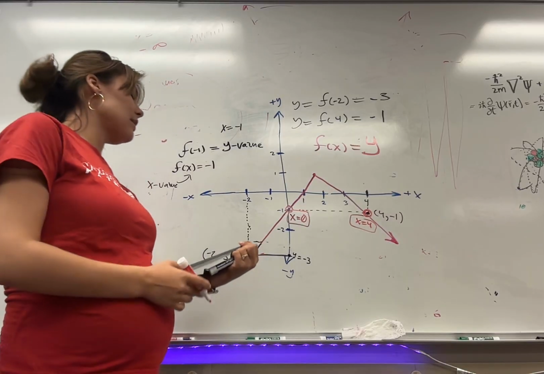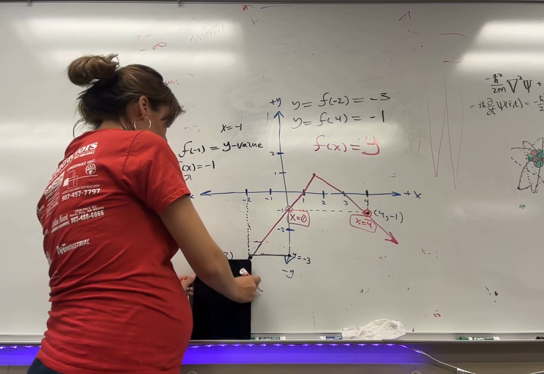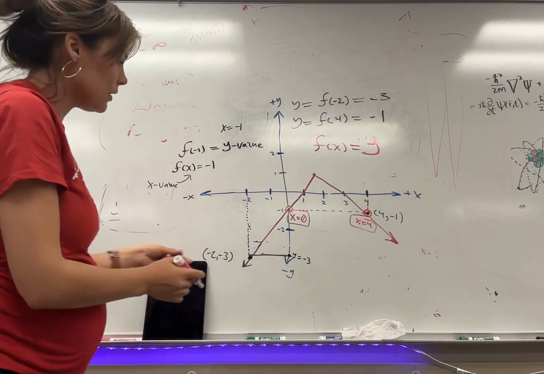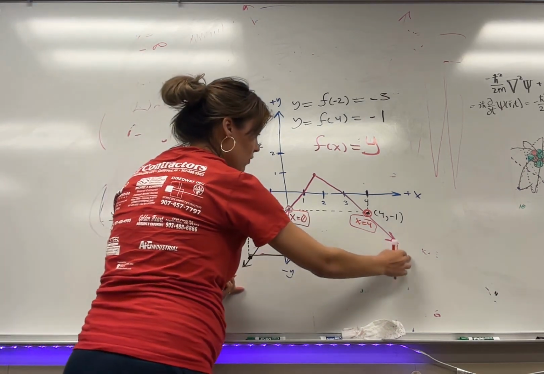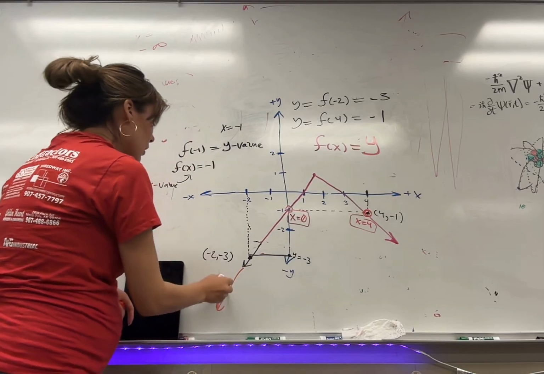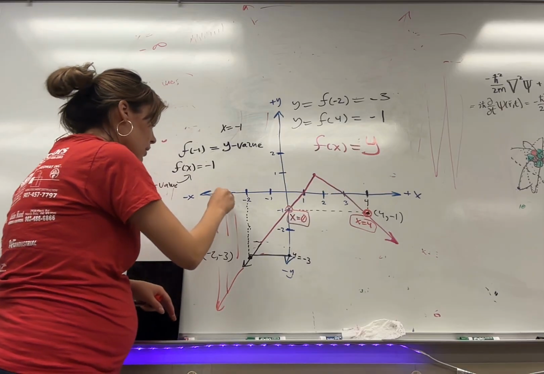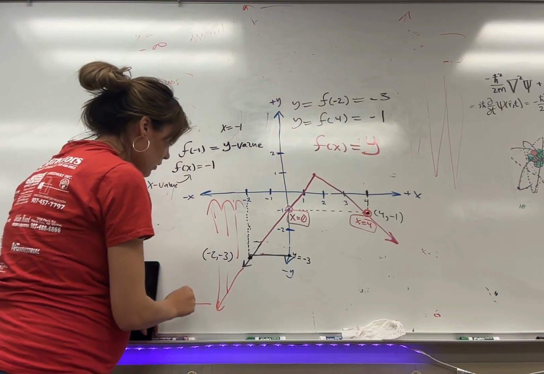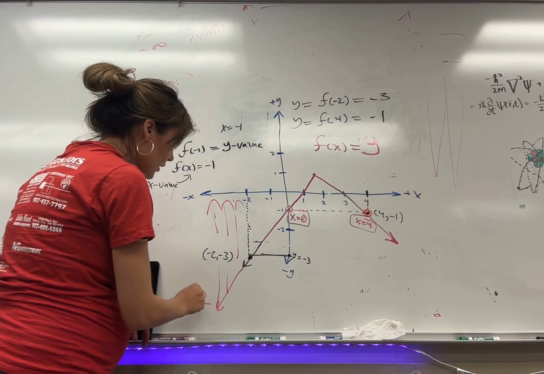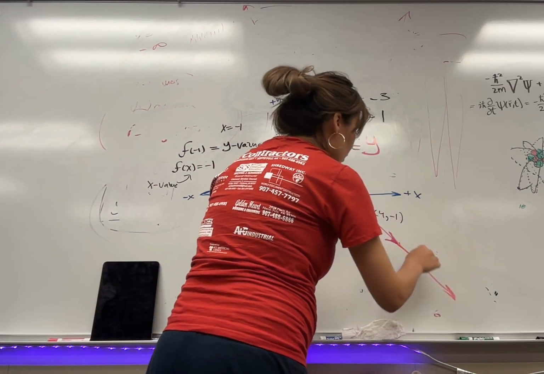You were then asked to state the domain and the range. Now, as we recall, looking at this function, we can see that it continues on forever. If we continue this on forever, the x values extend all the way to negative infinity. And what are all the y values if you continue on this way?